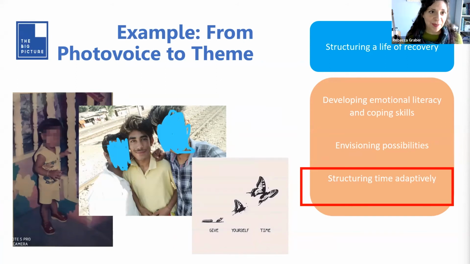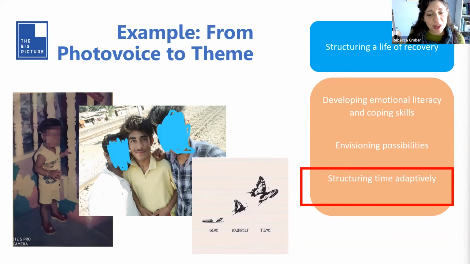So this is a series of 3 images, a child and then a boy sandwiched between 2 other boys at a train track, right? And at that point, he was actually using drugs and in active addiction. But these relationships were very important to him, so it's very significant to him that he chose this photograph. So there's an element of time here as he's growing up.